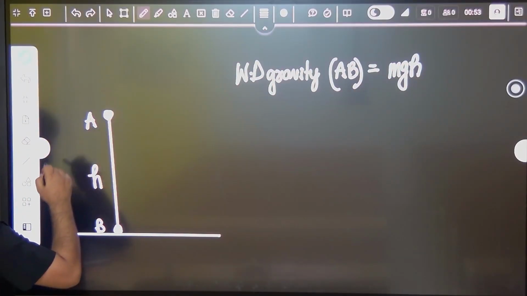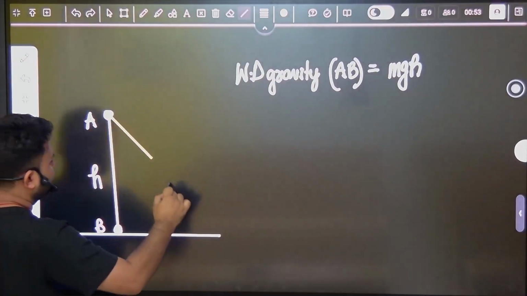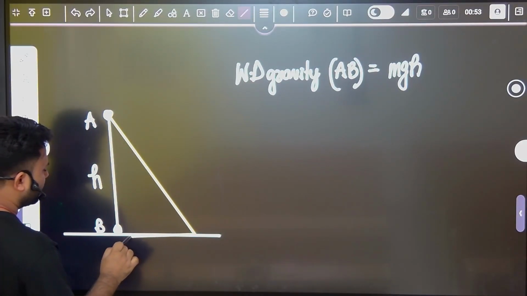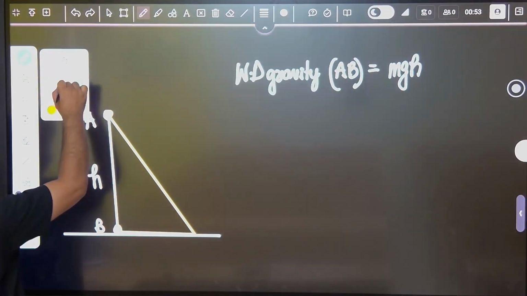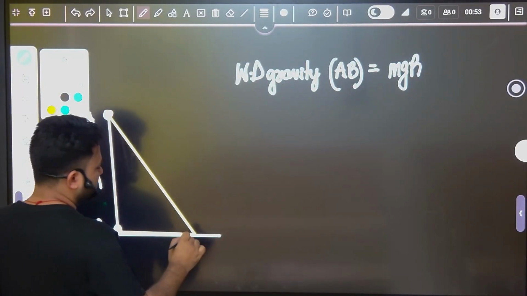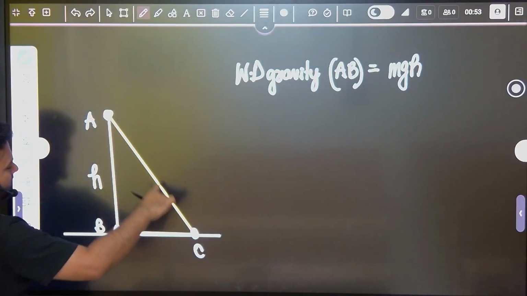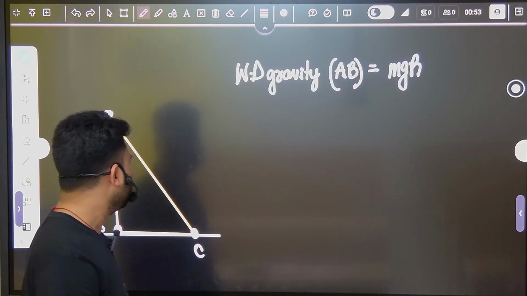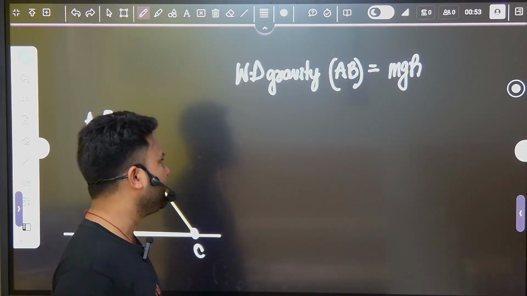Now, suppose we follow some different path, like from A to C and then again C to B. Okay. So what we are doing? First we are moving the ball from A to C and then from C to B. We are changing the path, but the initial and final position remains the same.